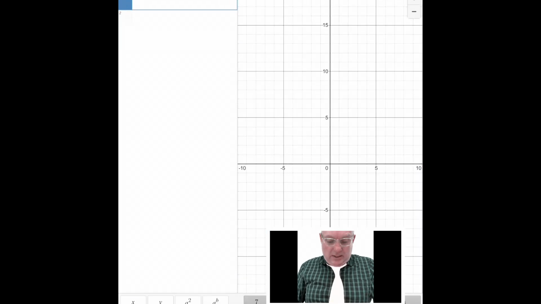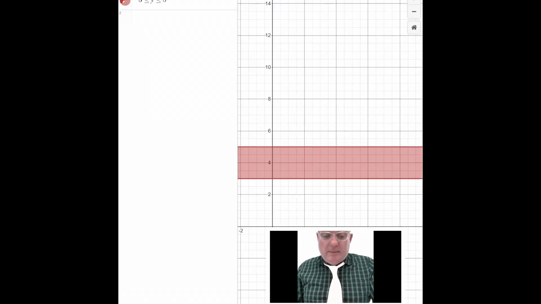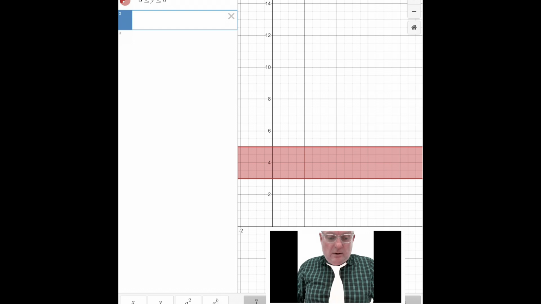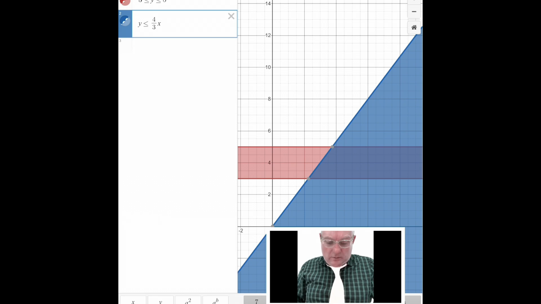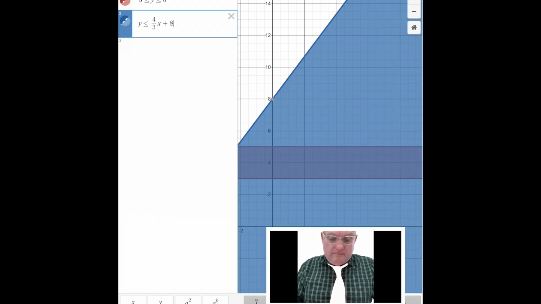I'm going to type in -3 less than or equal to y, which is less than or equal to 5. And you can see it automatically graphs that region. And then I touch right below that and create a new box. And my second inequality was y less than or equal to 4 divided by 3 x plus 8.